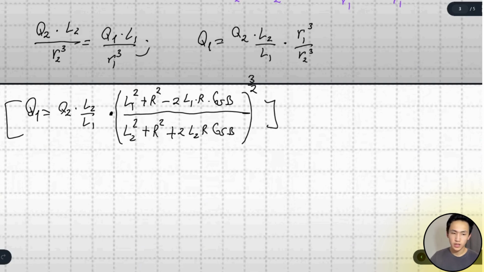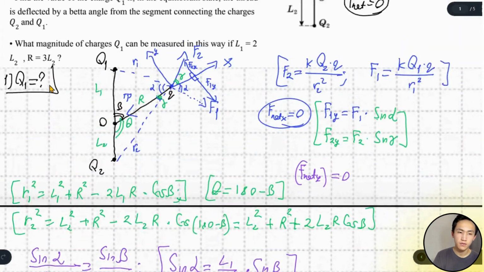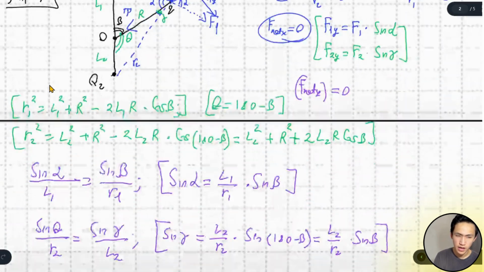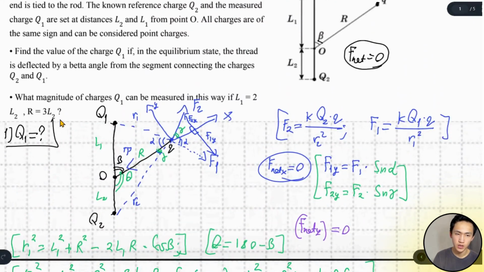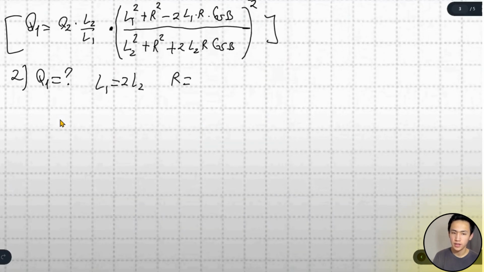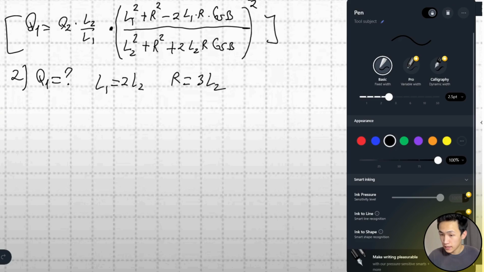So the second fragment of this problem: what will be the magnitude of Q1 if L1 is 2L2 and the radius, the length of the thread, is equal to 3L2?